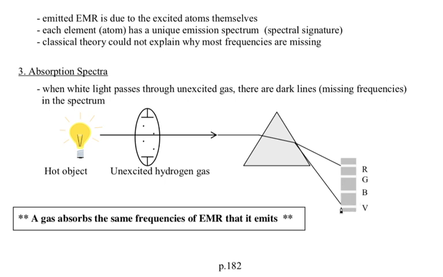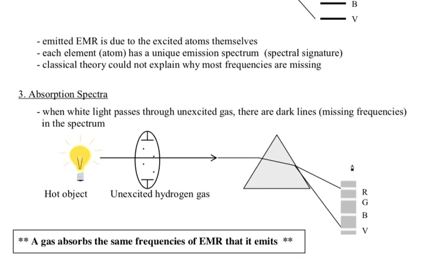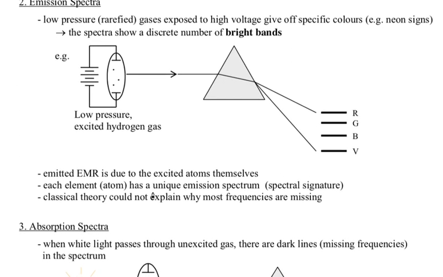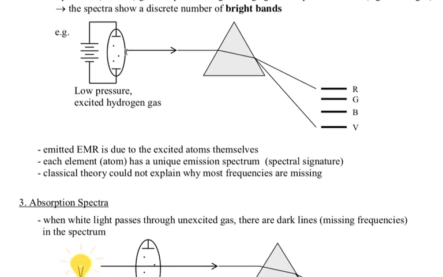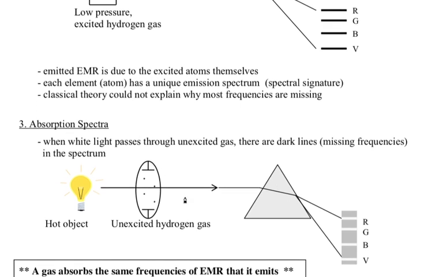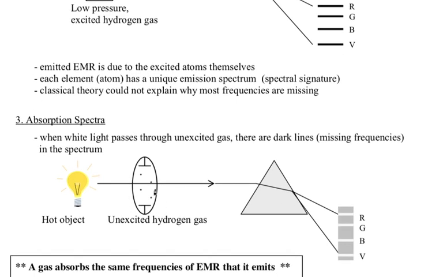So something's going on here. The bands are the same frequency of the electromagnetic radiation that hydrogen would emit. So the same frequencies, the same wavelengths that our excited gas emits correspond to the unexcited gas absorbing those wavelengths.